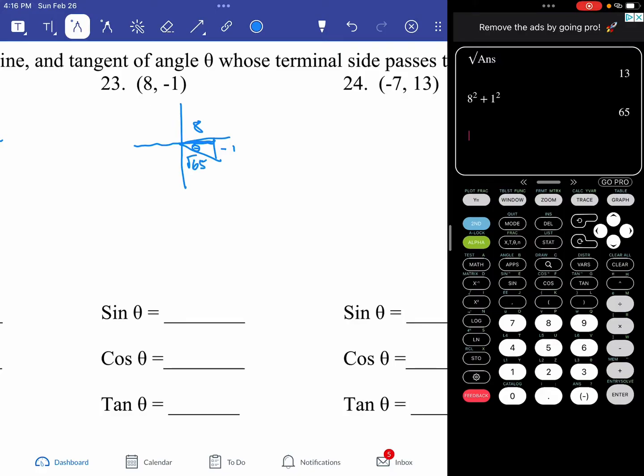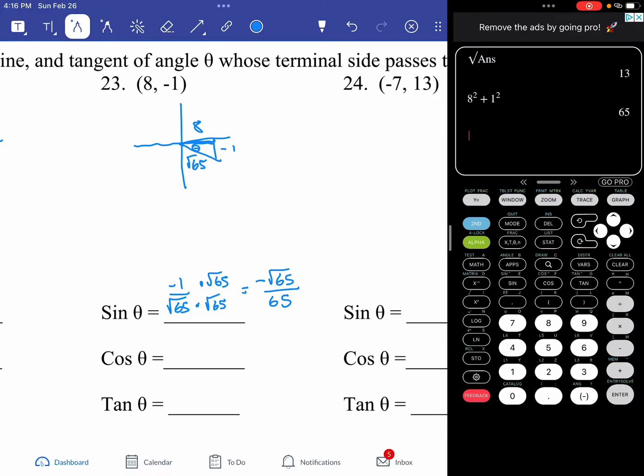So our sine is going to be the opposite over the hypotenuse. So the sine is going to be negative 1 divided by the square root of 65. Now we can't leave the square root of 65 on the bottom of our fraction. So we're going to multiply it to the top. So we will get negative root 65 over 65.